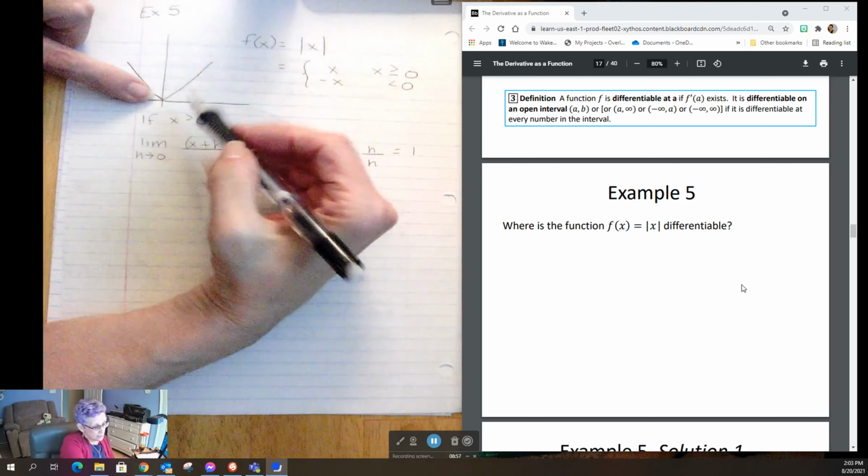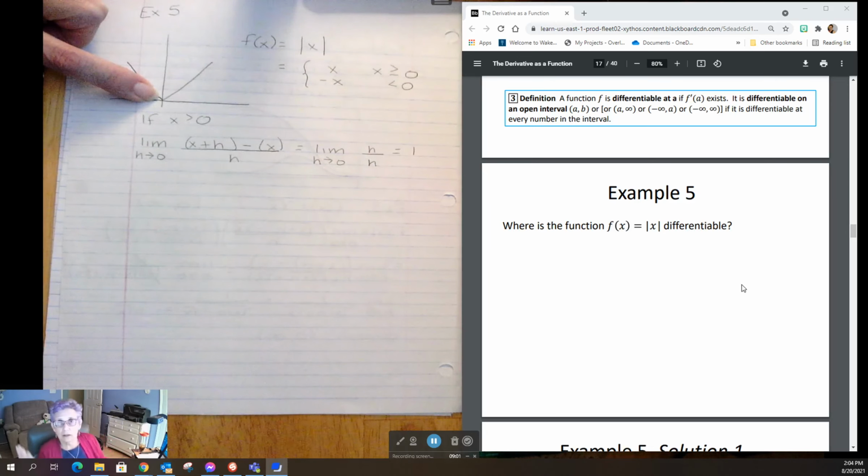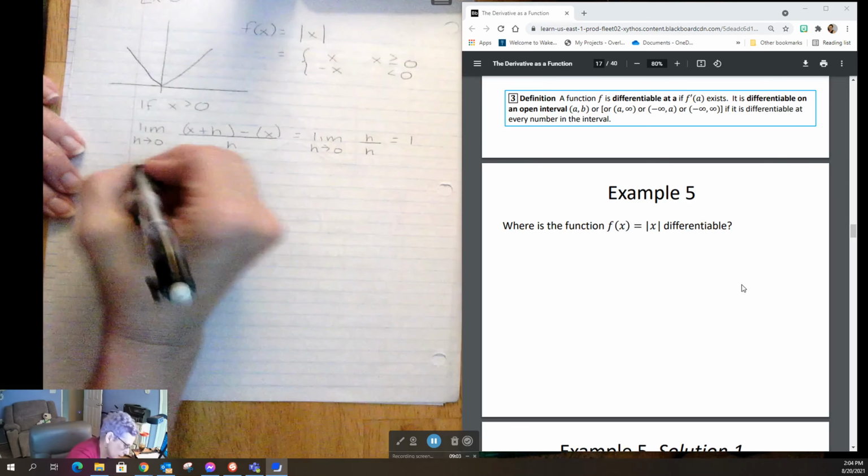Makes sense, because to the right of 0, the absolute value function looks like the identity line.